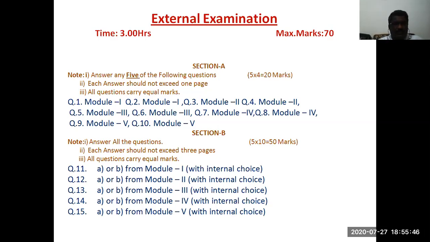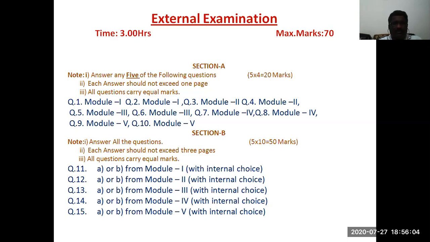So each module has 2 compulsory questions given in this section. Total 5 modules, 5 into 2, 10 questions are given.